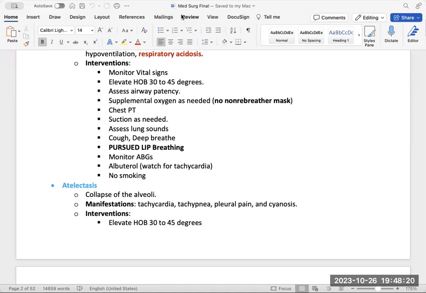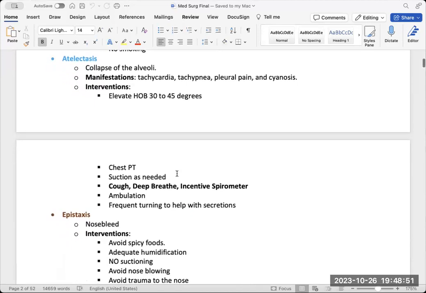If I start giving them high flow nasal cannula oxygen, this is not going to be good for them, because they're used to being at a SpO2 of like 85. They're not used to being at 100, so that's going to have dramatic effects on their body. That's why we have to be careful. We can give them oxygen, but nothing like a non-rebreather or something that gives high flow, because of the idea of oxygen toxicity with these patients.